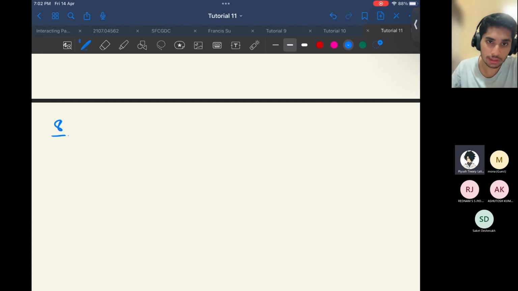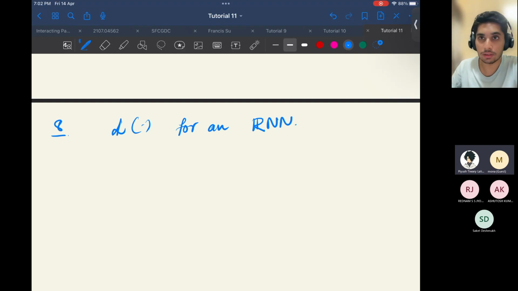So the eighth question is saying what is the loss function for an RNN, right? Do you have any question? Mona, you are unmuted. No, the eighth is not about the loss function.